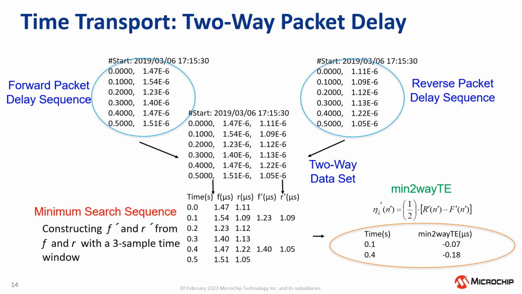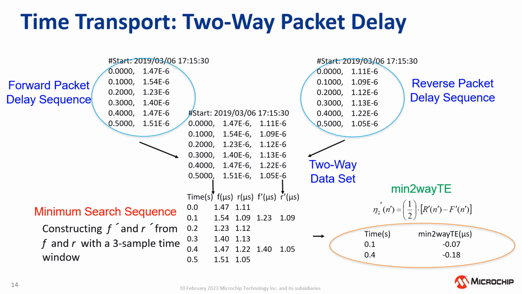To dig down a little bit and further illustrate how the packet selection works, followed by the combination of the forward and reverse streams, there's some raw data depicted at the top of this plot, a forward packet delay sequence on the left, a reverse packet delay sequence on the right. These can be combined to arrive at a two-way data set.